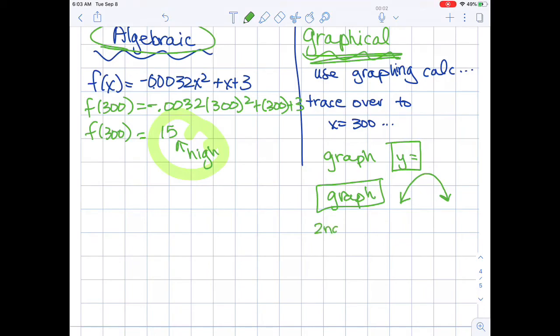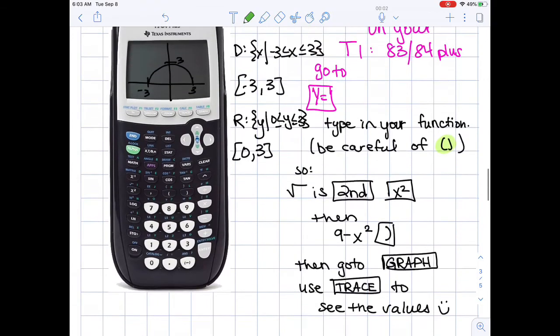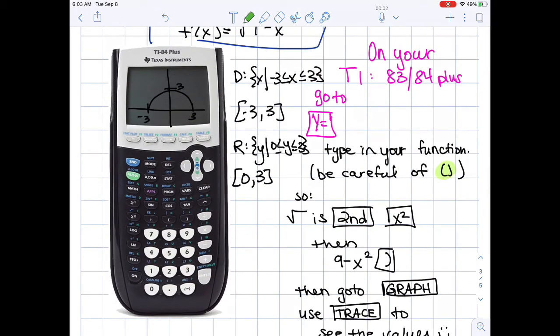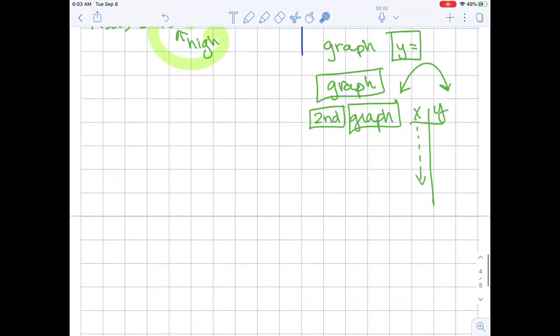And then you can hit second graph, and you would see basically a chart of values, and you could either follow it down to x equals 300, or let me show you how to do this. To tell your values what you want them to do, you would go second and window, which would give you a table set, and you can set it where x equals 300, and then hit enter, and then it will give you a table where it shows you the value at x equals 300.